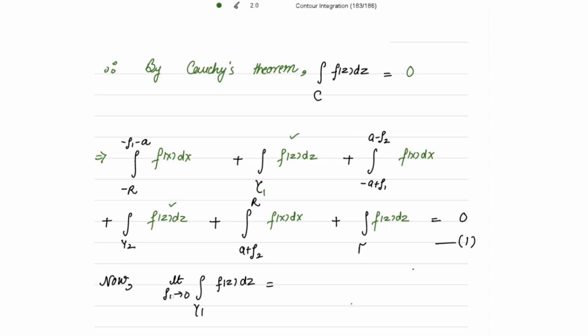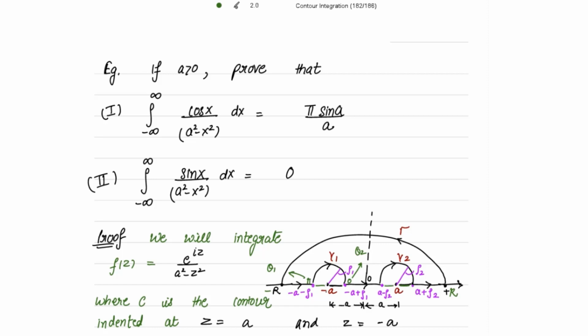So first, limit rho 1 tending to 0 for the first semicircle gamma 1, the integration of f(z) dz is equal to, the formula is iota (theta 2 minus theta 1), where theta 2 is 0 and theta 1 is pi, into the limit as z tends to, where it is indented at z equal to minus a. This gamma 1 is indented at z equal to minus a.